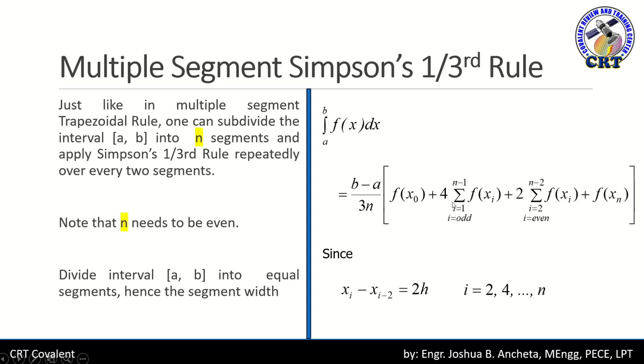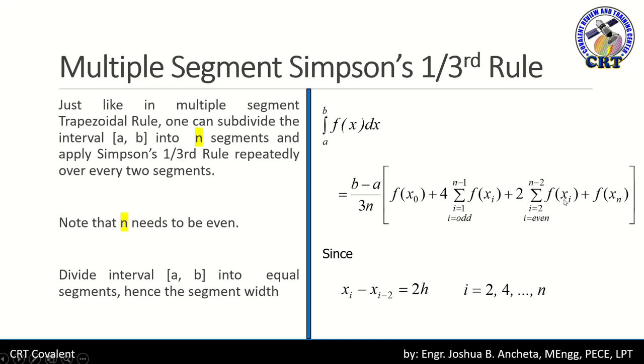Plus 4 times the summation of f(xi), wherein i here is odd. So that is f(x1), f(x3), f(x5), and so on, except the upper limit, which is f(xn). Plus 2 times the summation of f(xi), but here i is even.